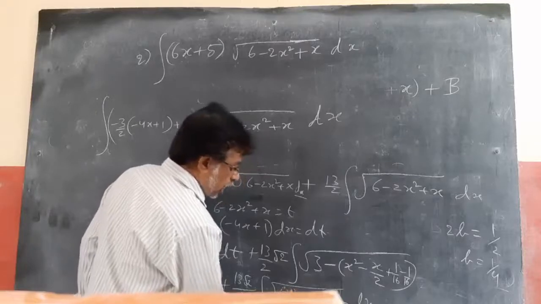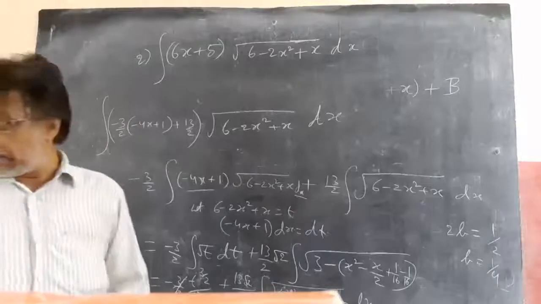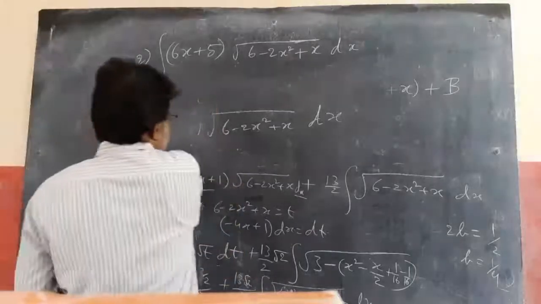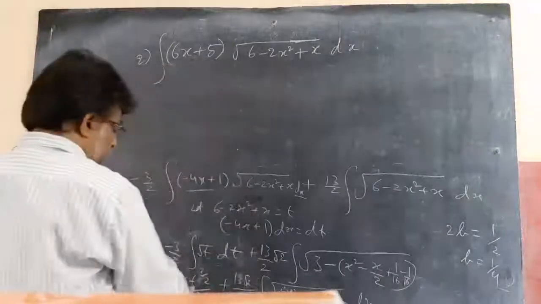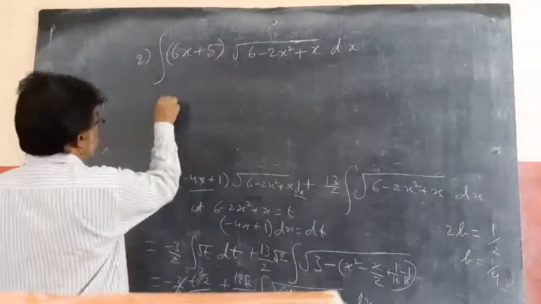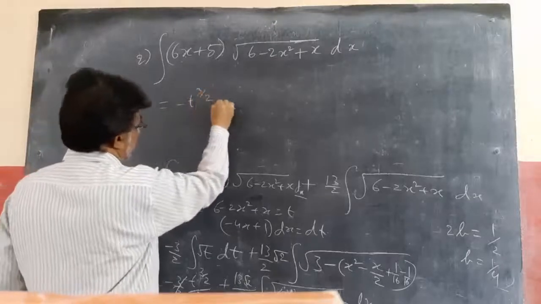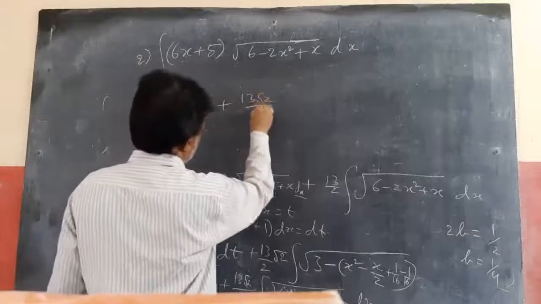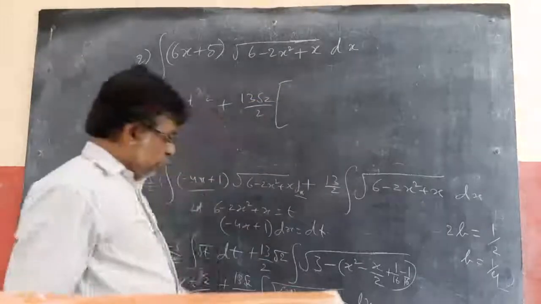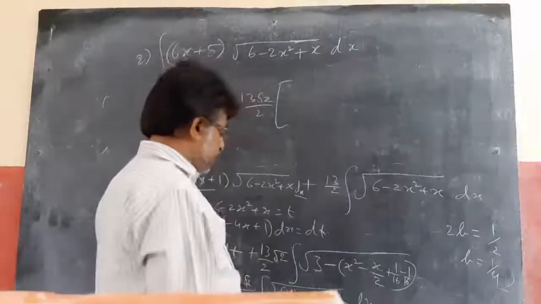Now it is root of a square minus x square. There is a formula I told you for root of a square minus x square. And this is as it is, minus t power 3 by 2 as it is, plus 13 root 2 by 2 into this root of a square minus x square formula: x by 2 into root of a square minus x square.